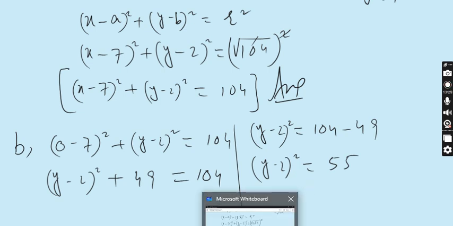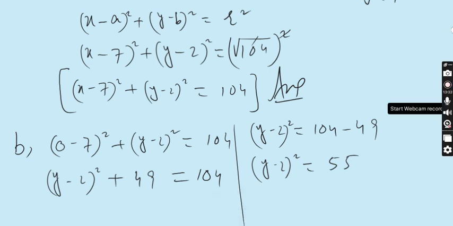So y minus 2 is, if you remove the square, you have to write square root with plus minus sign.